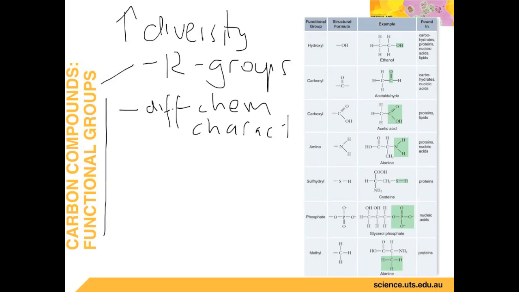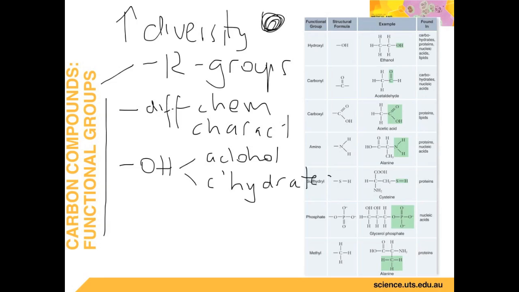And by adding all these different R groups, which have different chemical characteristics, we increase the diversity of carbon. For example, we have the hydroxyl R group, such as in alcohol or carbohydrates. And we also have the NH2 group, which is in amino acids.